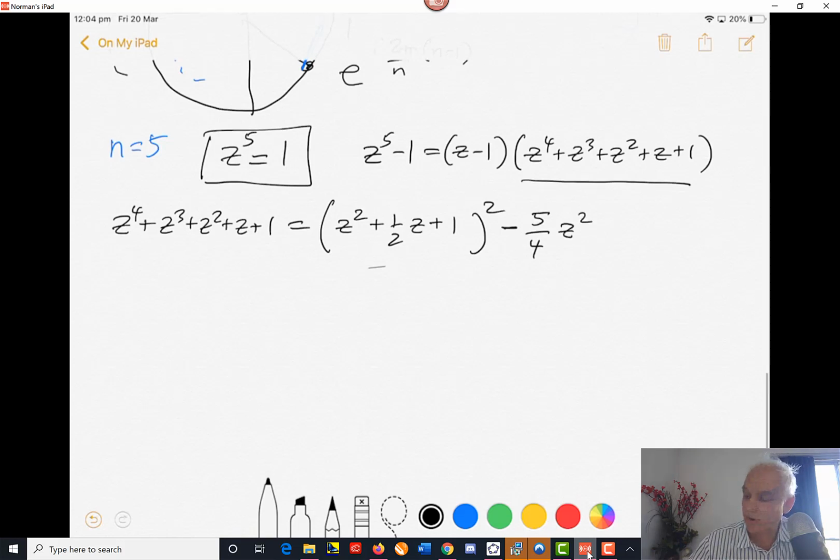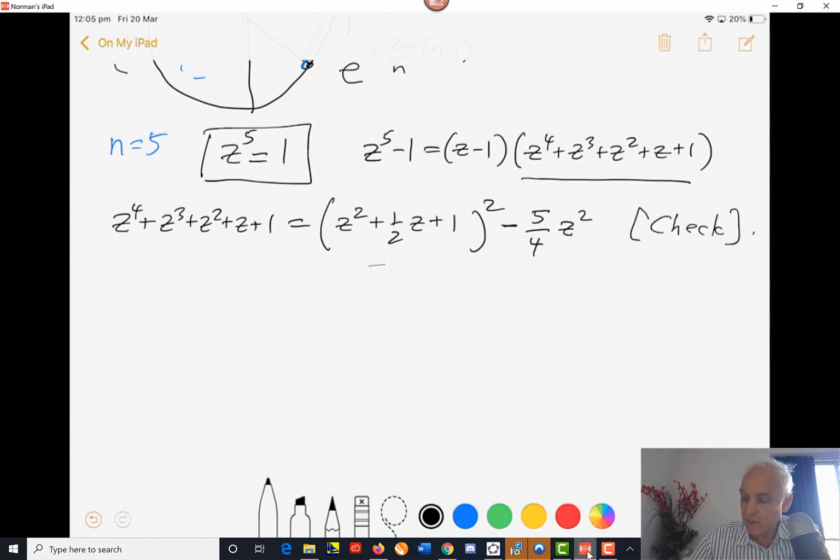You can check this little identity. Once you've done that, you see that what you have on the right-hand side is a difference of squares. That means we can write it as a product of two factors. What are those factors going to be?